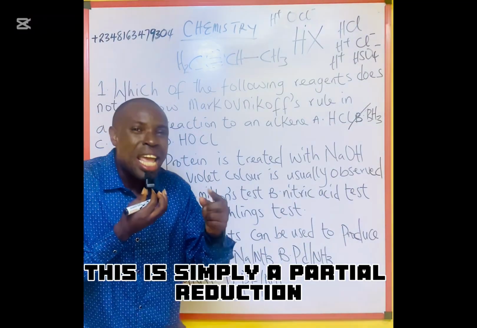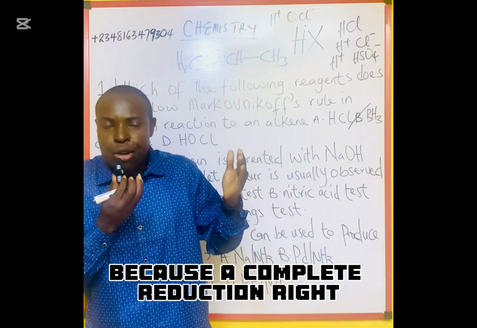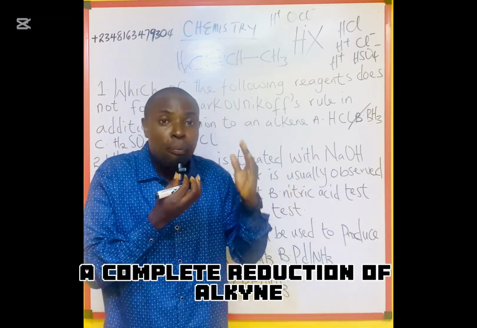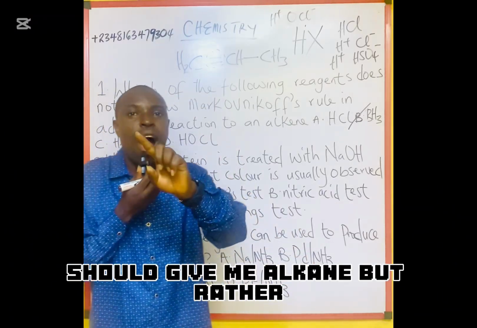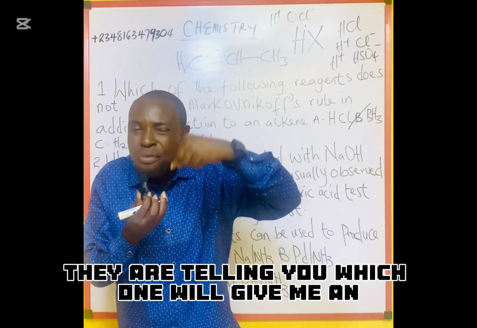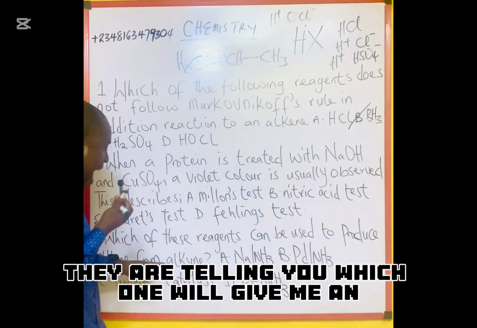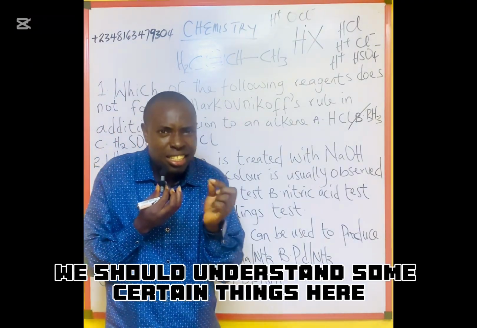This is simply a partial reduction, because a complete reduction would give me an alkane, but they are telling you which one will give me an alkene. First of all, we should understand certain things here.